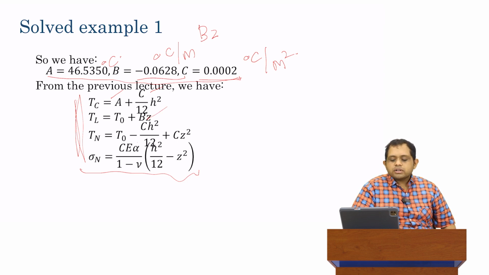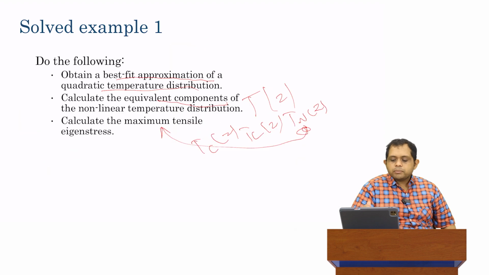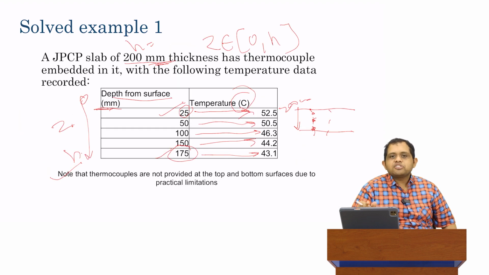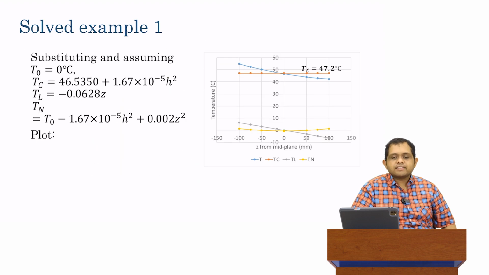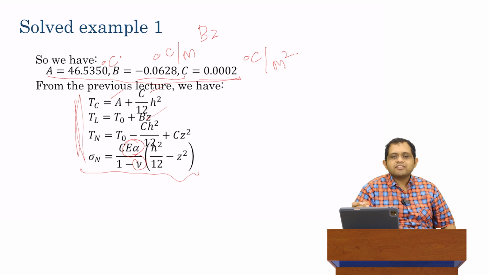There is one note here that we have an E and an alpha and a nu. So our problem, if I go back to the beginning of the problem, I never actually specified any material properties. Now, in analysis, that would be a strange thing to do. But in design, that's basically exactly what happens, that these values are not specified. So it's important for you as an engineer to be able to know what are some typical values for these properties.